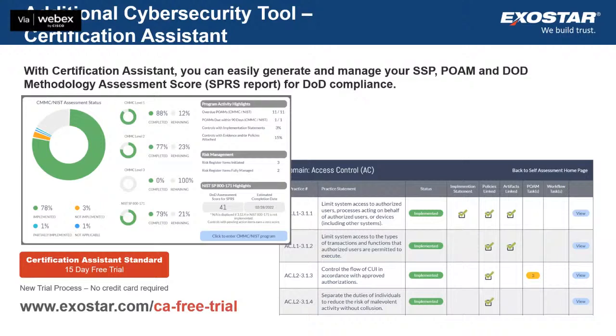So for the one you see up here about domain access control, right? Limit access to authorized users and processes acting on behalf. You need to be able to explain how you do that and what you do to ensure you do that.